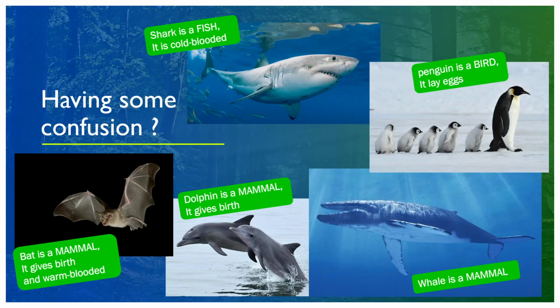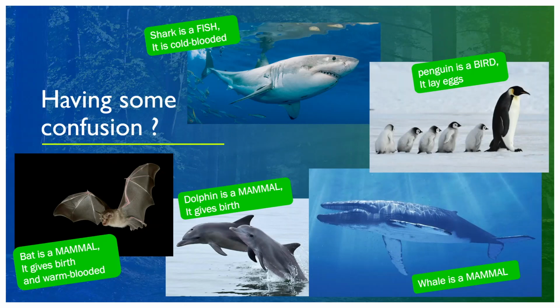Okay, and the blue whale down here, whale is a mammal, not a fish. Whales give birth to their babies. Okay, whale is a mammal. Remember that. And dolphin is a mammal too. It gives birth to their babies.